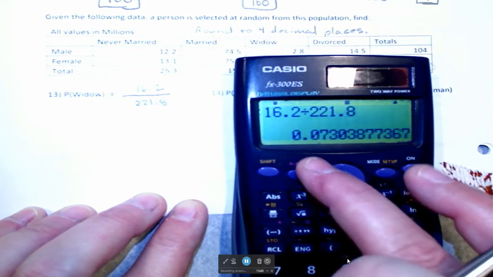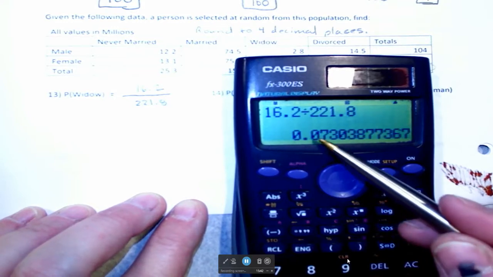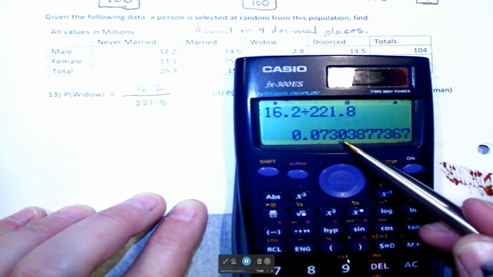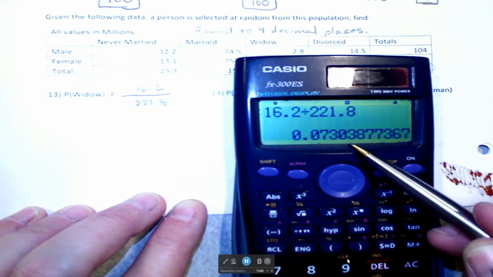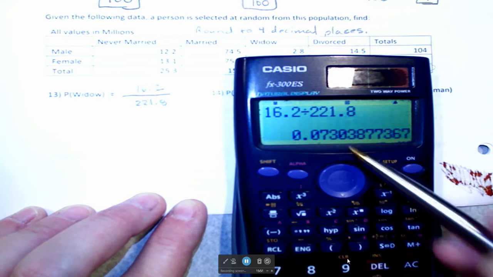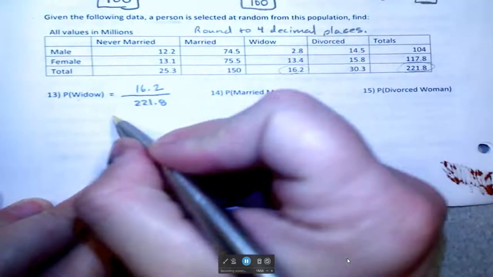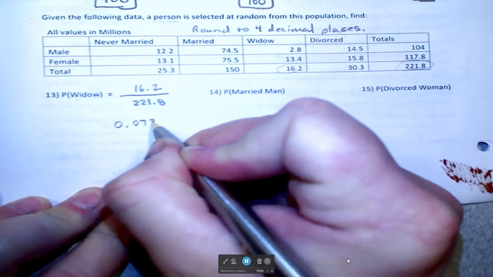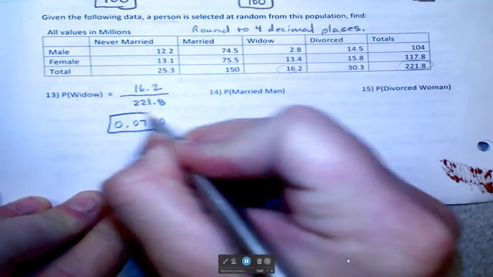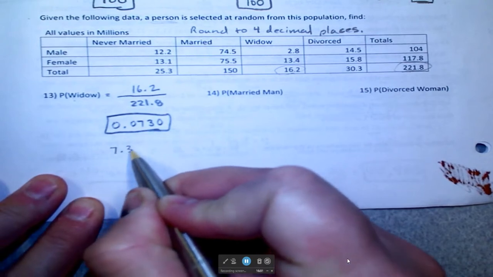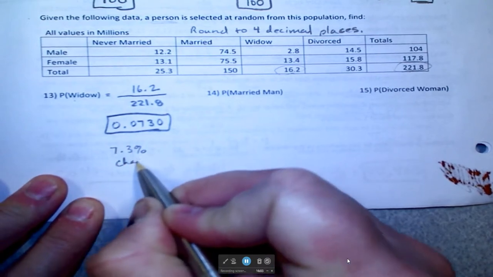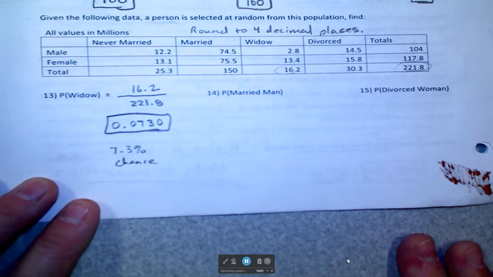Okay, and I get this number here. And I go 1, 2, 3, 4. I look to the right, I have a 3, so I'm going to round down. So my answer will be 0.0730. Or, as normal people look at this, you have about a 7.3% chance of selecting a widow at random.